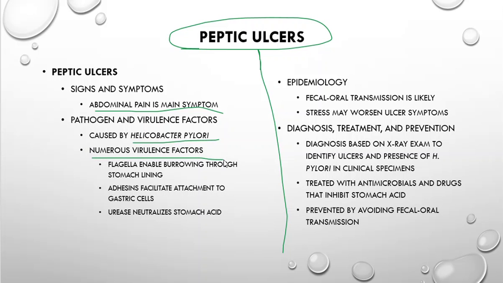H. pylori has flagella that enable them to get through the lining of the stomach. They have adhesions to attach to the gastric cell, and this is the big part. They have something called urease that neutralizes the stomach acid, but this also neutralizes. Okay, there's the lining, there's the wall of the stomach.